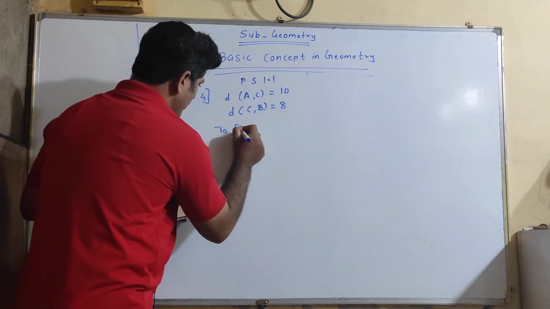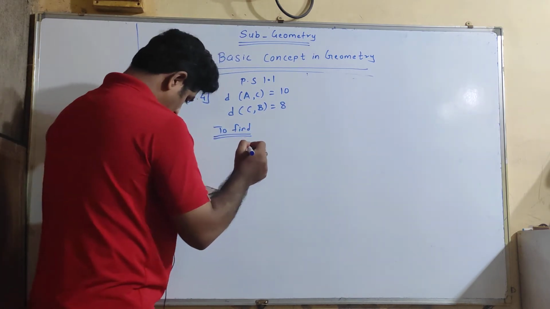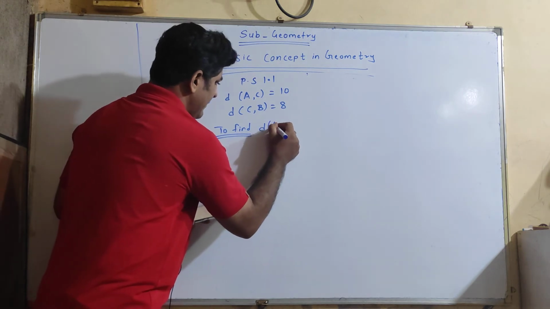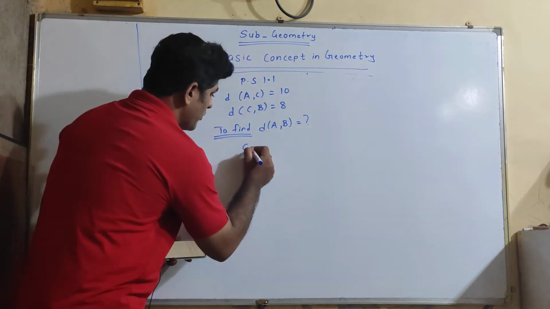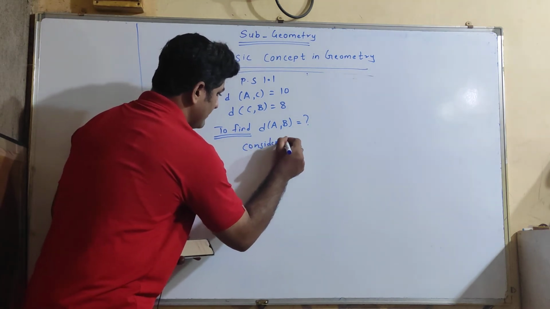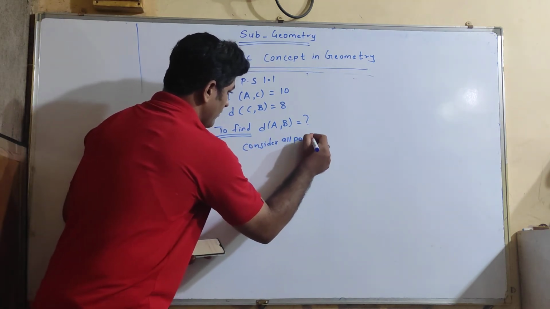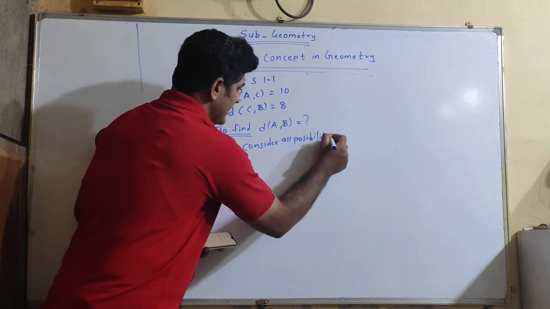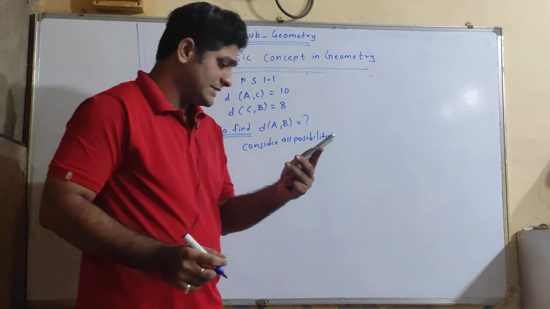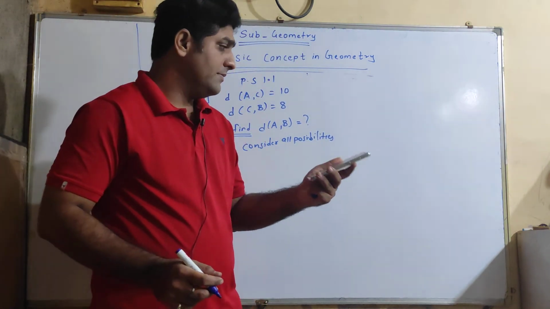They have asked you to find distance AB, and in the question one important point they have given: consider all possibilities. This is what is given in the question.